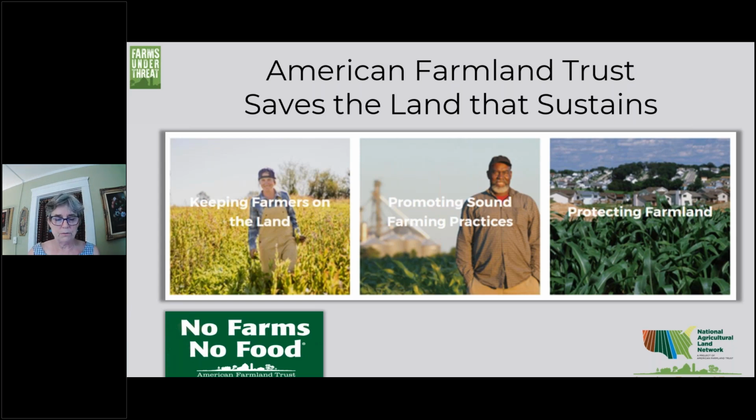Our national initiatives, our regional programs focus not just on protecting the land base, but also on the practices used on the land and on the farmers and ranchers who steward the land, both the ones who are on there now and those who aspire to be on there in the future. Our programs and our research inform our state and federal policy advocacy and analysis. We are the only national agricultural land trust. We do direct land projects with farmers and landowners. We work from farm fields and kitchen tables to the halls of state capitals and Congress with 6 regional offices and a national office in Washington, D.C.